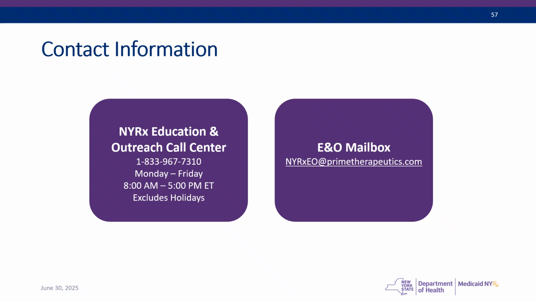Please note, if calling to discuss protected health information known as PHI in the E&O call center, callers must have a MPI or an individual verification number known as IVN, which requires a provisioning process to keep member information protected.